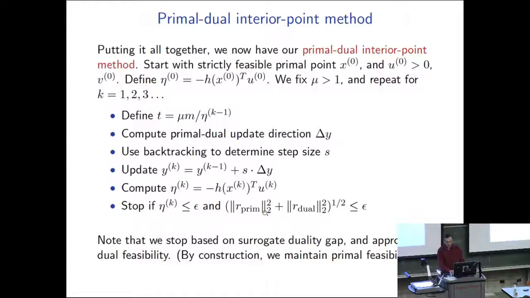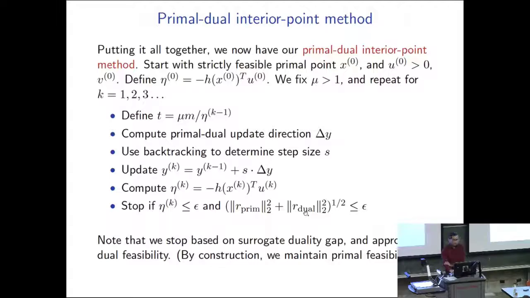So we're going to check primal and dual feasibility together. We're going to check how close to b the product Ax is. So we're going to take the norm of the primal residual. And we're going to check how close to 0 the gradient of the Lagrangian is. So that's how close to feasible is that dual u and v.